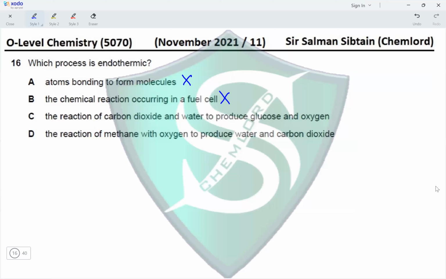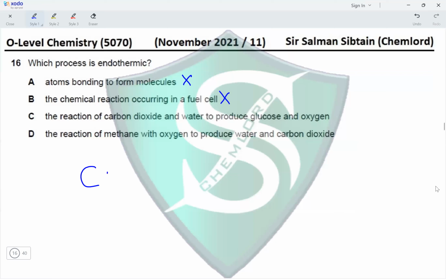CO2 plus H2O to produce glucose and oxygen. This reaction is exothermic. No, no, no, no. The backward reaction is exothermic. This is a reversible reaction.